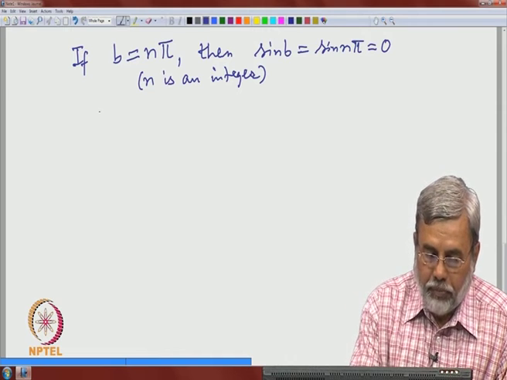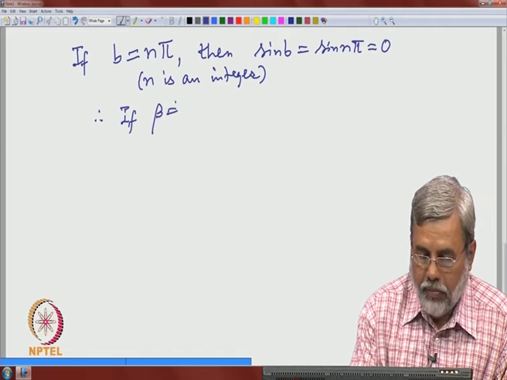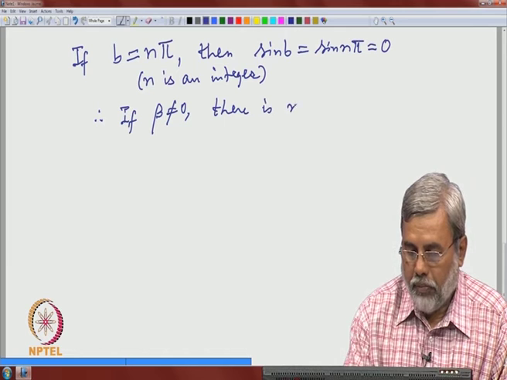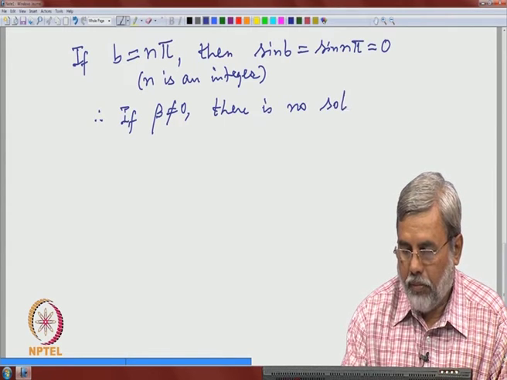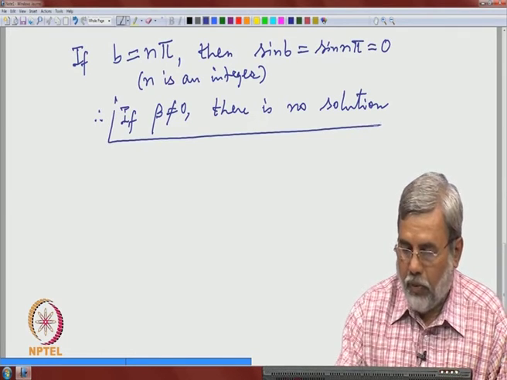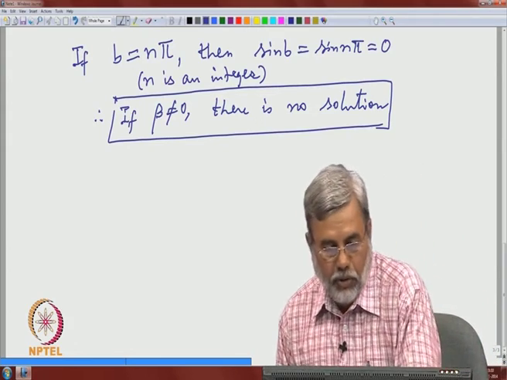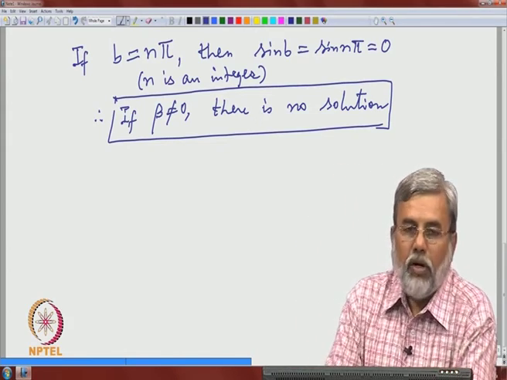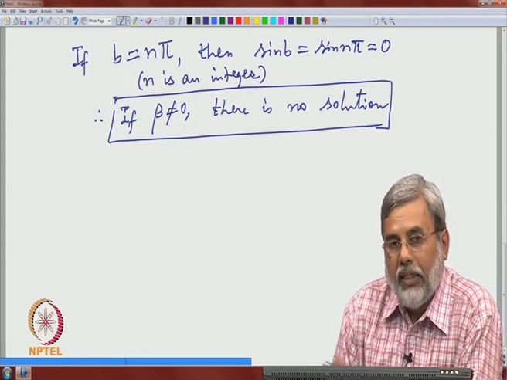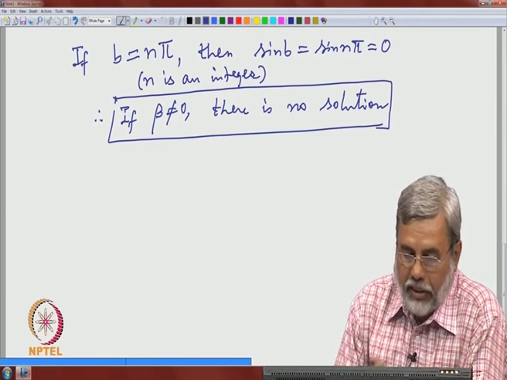So, therefore, if beta is not 0, there is no solution. So, just one observation, when b equal to n pi, n a positive integer, then we will not have a solution if beta is not equal to 0. So, the boundary condition at t equal to b is not satisfied in this case.